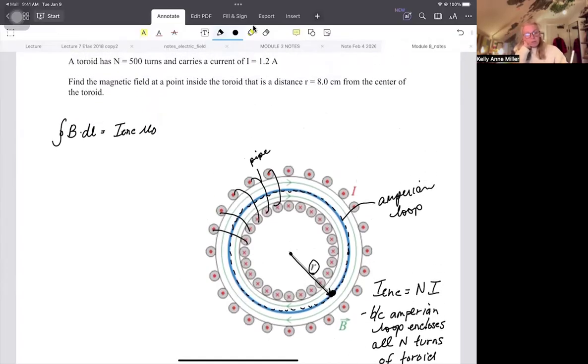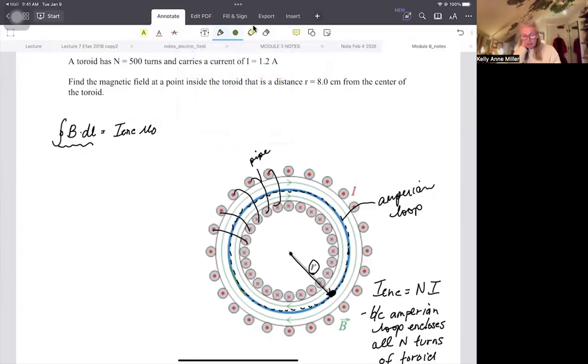Okay, so the line integral. A question you have to ask yourself is, does my Ampérian loop follow the same direction as the B field? And the answer is yes, right? My dotted black line follows the exact path as this green arrow here.